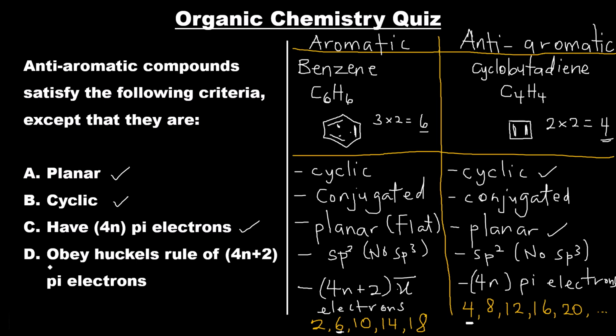The only odd one is it obeys the Huckel's rule of 4n plus 2 pi electrons, and this is our correct answer. This is the odd one out, because this 4n plus 2 pi electrons is actually the rule or the property needed in aromatic compounds. So that means this is our correct answer.